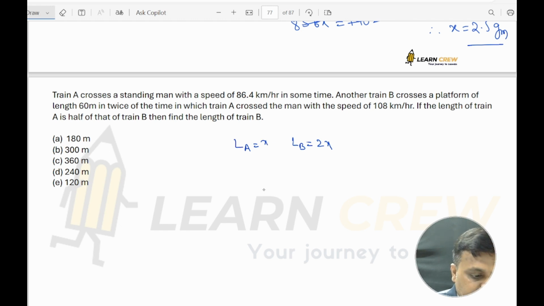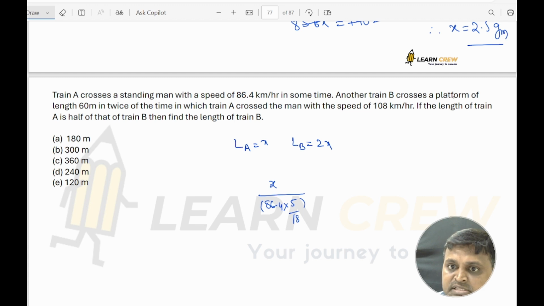So time taken by train A crossing a man: time is equal to distance by speed. Distance is its own length. Speed is 86.4 kilometer per hour, converted into meter per second. And what is given?